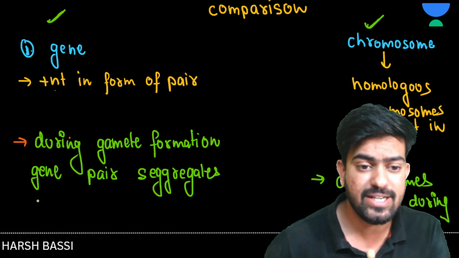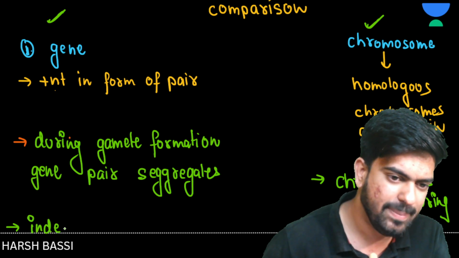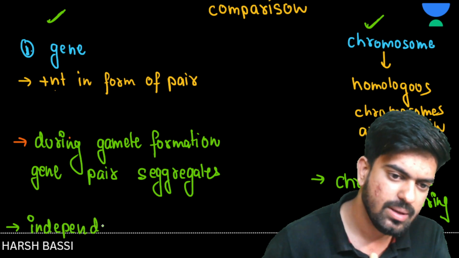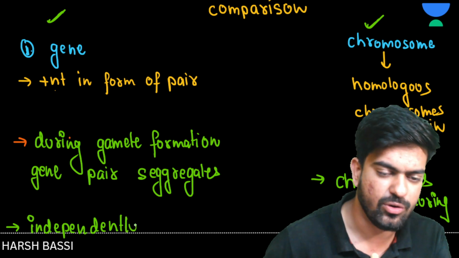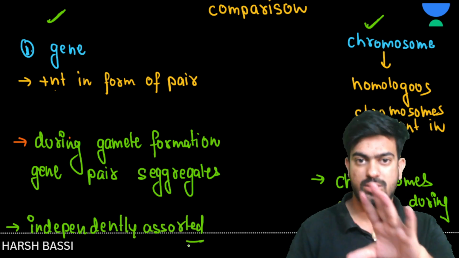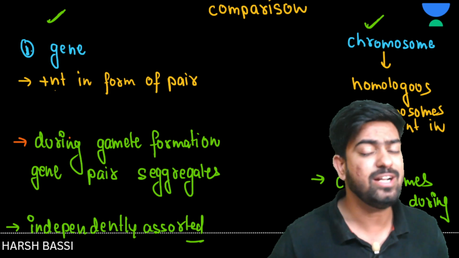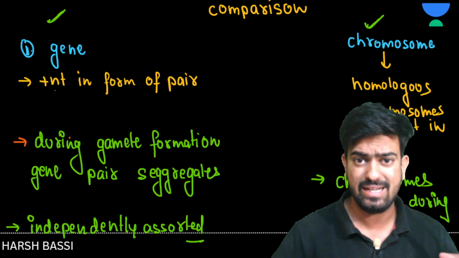Then it said what? Independent assortment. Mendel said genes are independently assorted. Yes, obviously in this dihybrid cross proved this thing. Here they also said that chromosomes are independently assorted.